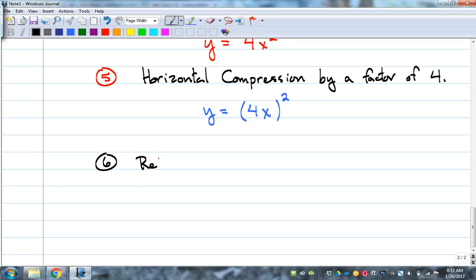Let's do a reflection across the x-axis and down 4 units.